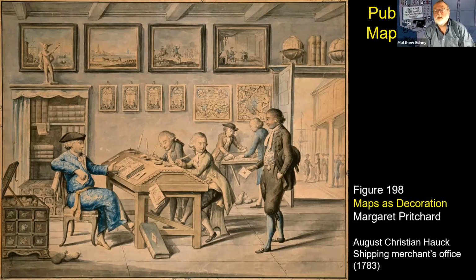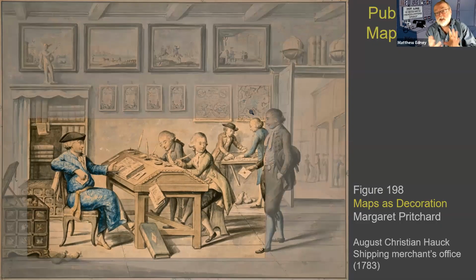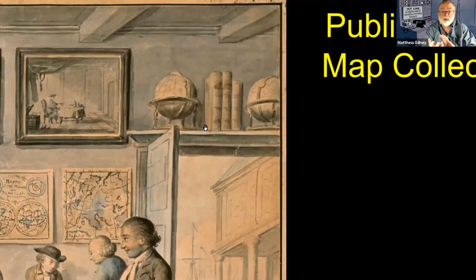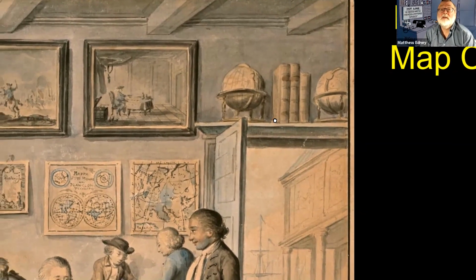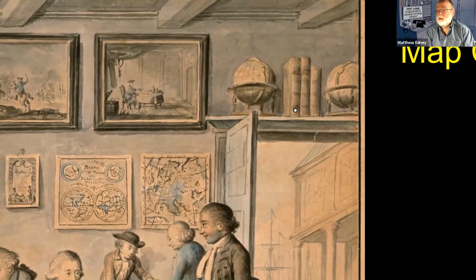So this is a Dutch shipping merchant's office. It's just a generic view that Margaret found, Margaret Pritchard, and you'll see above the door 2 globes. Globes always came in pairs in the 18th century, terrestrial and celestial. Terrestrials on the left, celestials on the right. There's a couple of big books, maybe atlases.